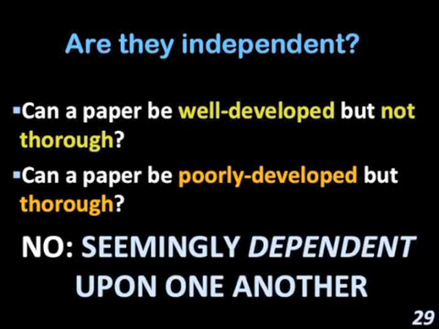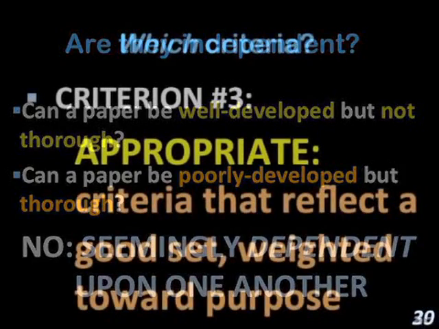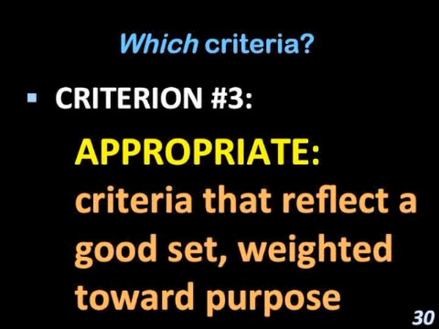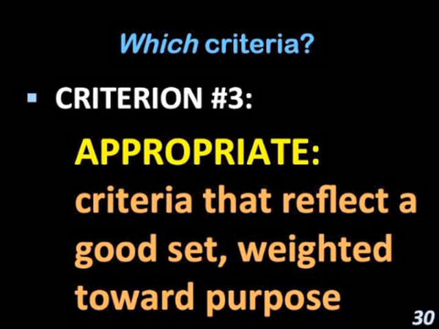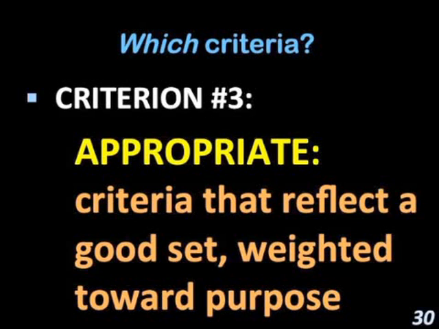Our third criterion for good criteria is appropriate, an appropriate set. Okay, we came up with what we thought were individual criteria that were each valid, and they're independent of one another. But when we look at the set, does it seem like the right set of criteria for that competency or that performance?